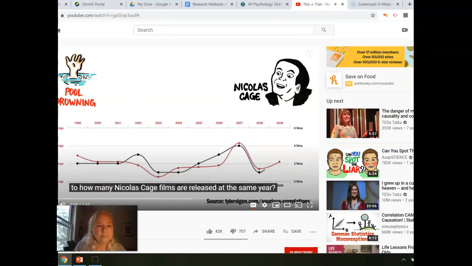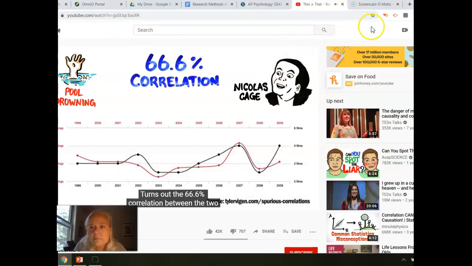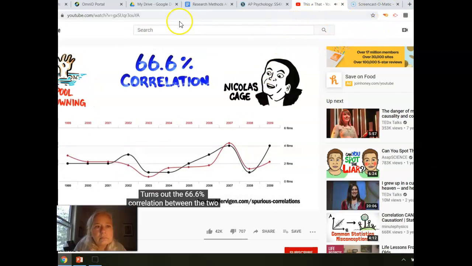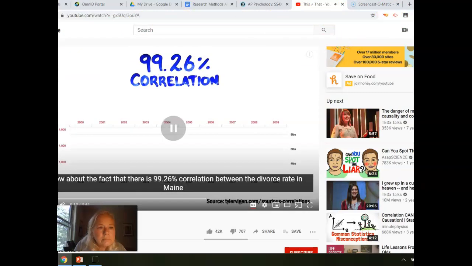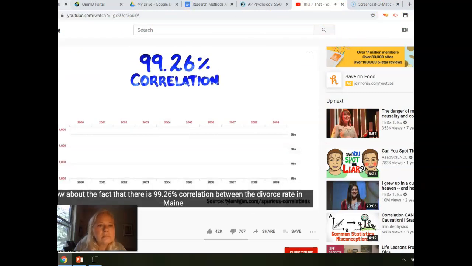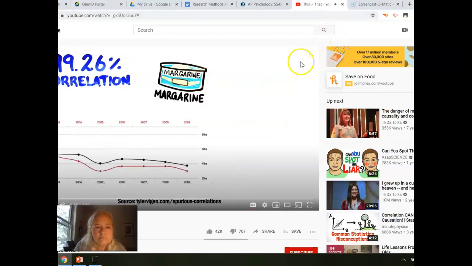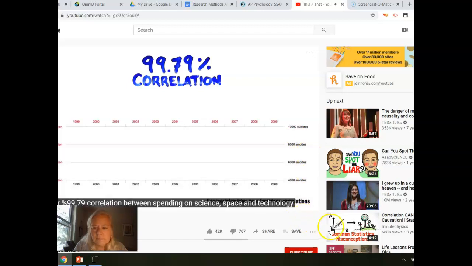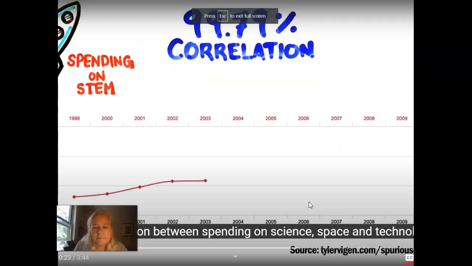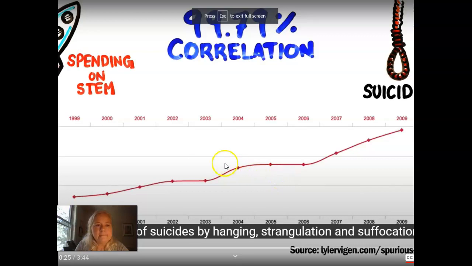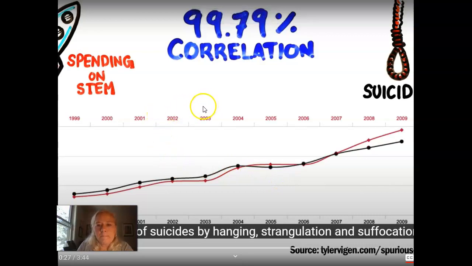Age films are released the same year? Turns out there is a 66.6% correlation between the two. Or how about the fact that there's a 99.26% correlation between the divorce rate in Maine and the per capita consumption of margarine, or a 99.79% correlation between spending on science, space, and technology, and the number of suicides by hanging, strangulation, and suffocation.